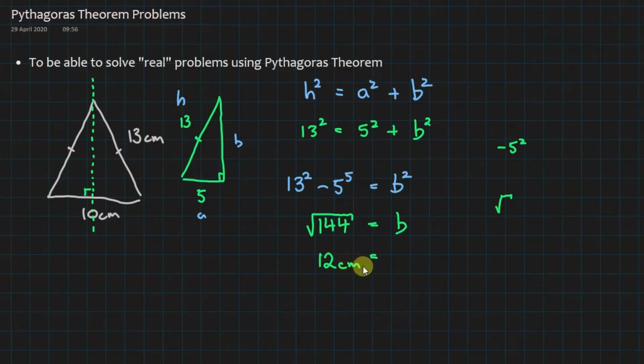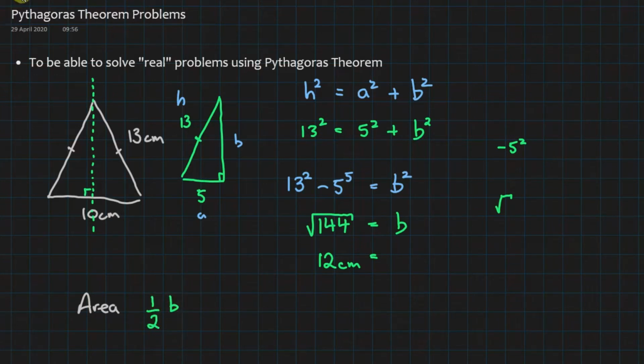I chose quite a nice question there. So the sorts of things you might get asked is, what's the apex height? The perpendicular height, actually 12 centimetres. Or, what's the area of that triangle? So the area of the triangle now is 1/2 the base times the height.